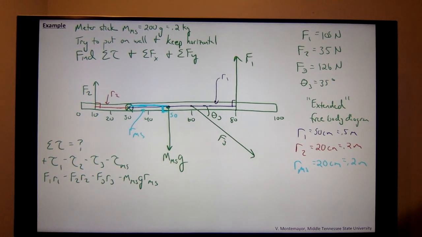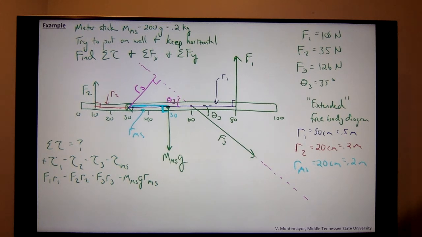And then finally, it's this last one, this force 3. I need to extend it out in both directions. If you don't easily see a line or a distance that's perpendicular to the force from the axis of rotation, then extend the force out. And then you can find a line, and here our perpendicular line is right there. So this is going to be R3. And we have to do a little bit of trig to figure that out. Theta 3 will also be this angle.